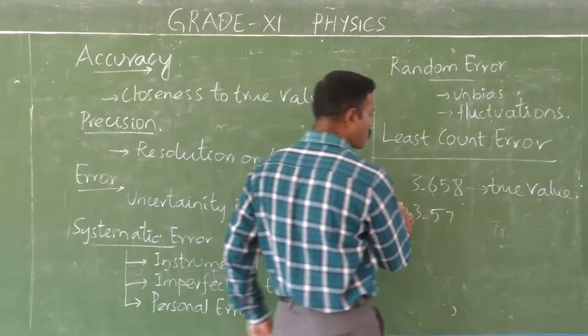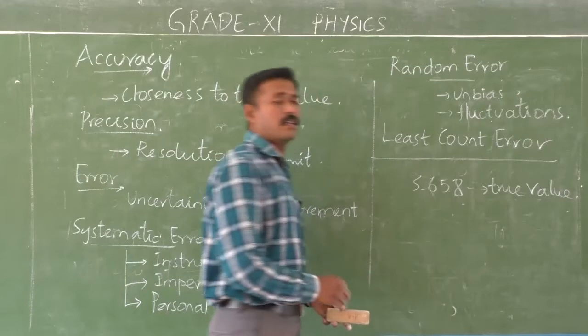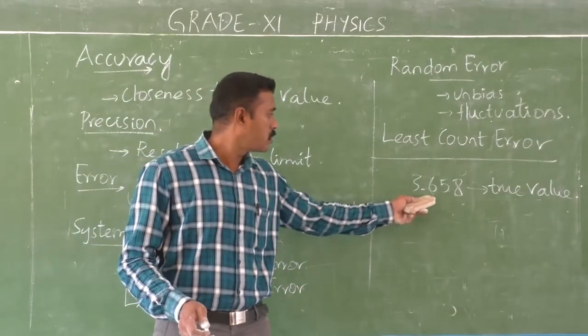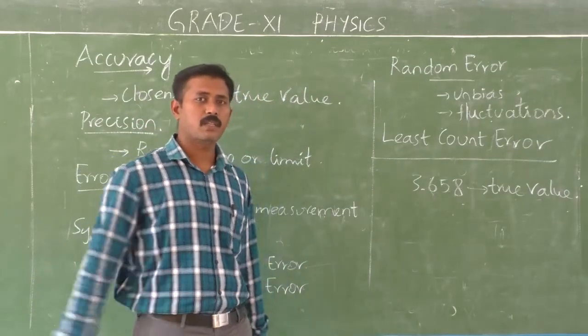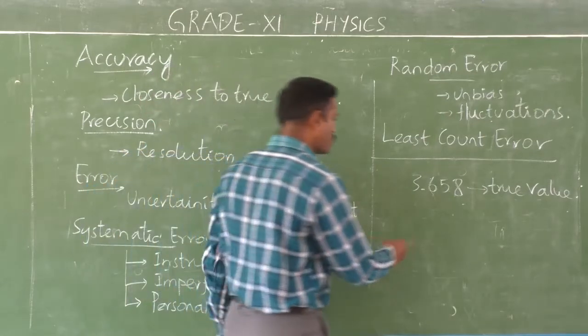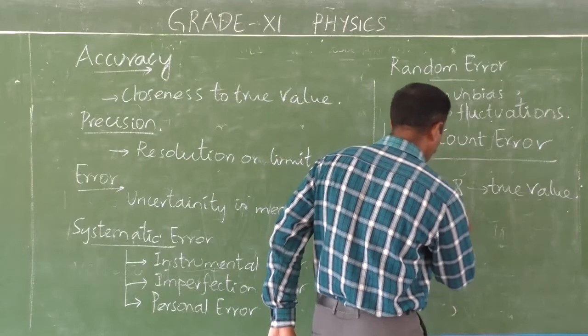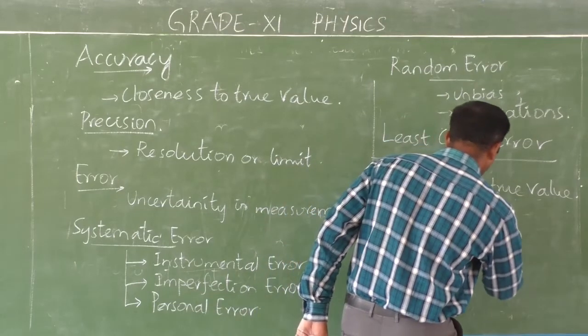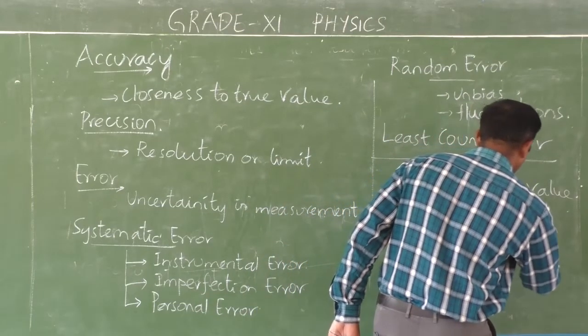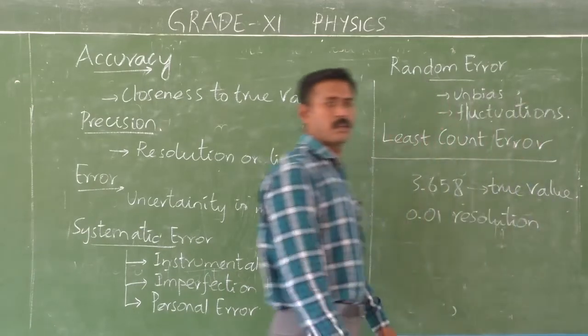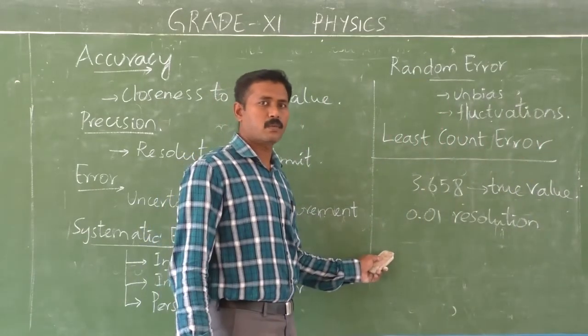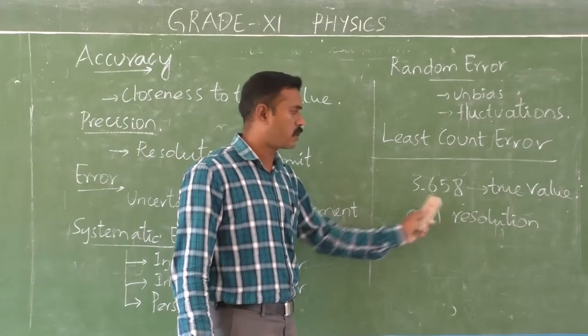The same example shows, if I measure this value with an instrument with a resolution of 0.01, the instrument has a resolution of 0.01.